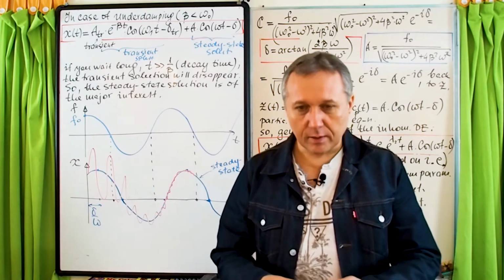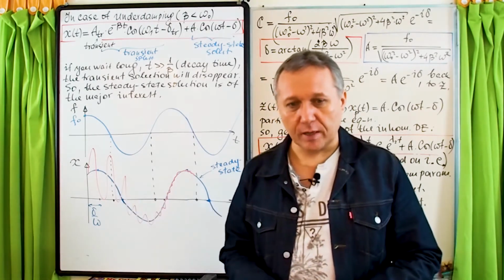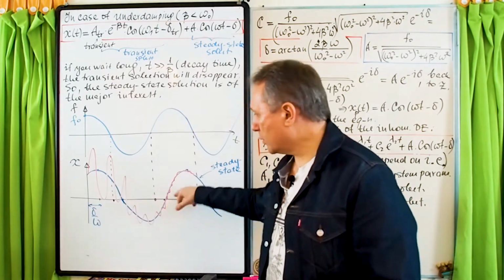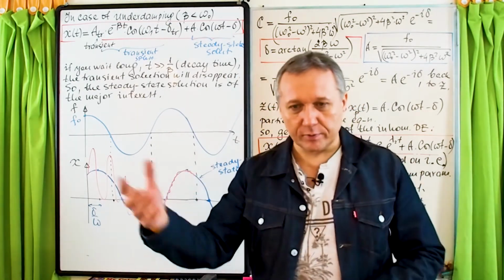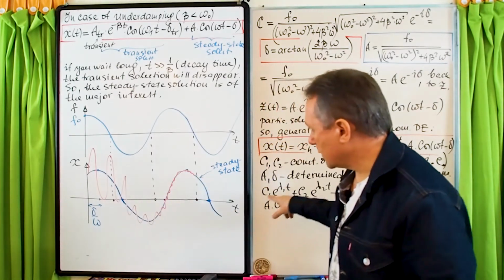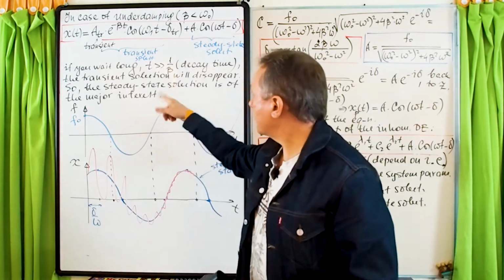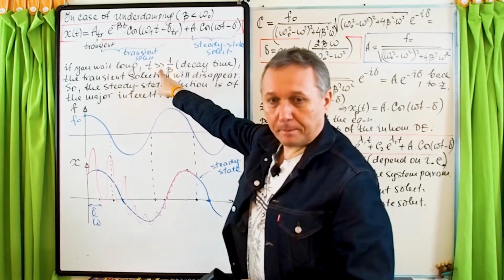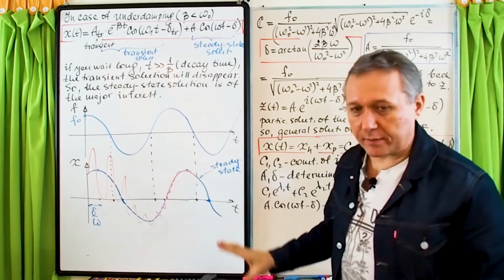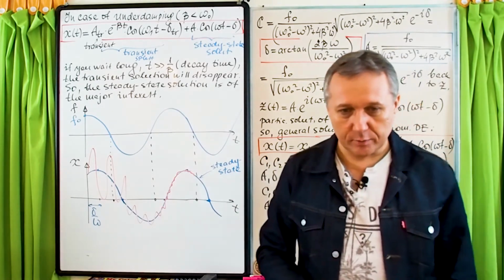It depends on how strong the damping is. Sooner or later, it will disappear. All these ripples on top of the steady state solution will be washed out. And as a result, if we wait long enough, we will have only a steady state solution.